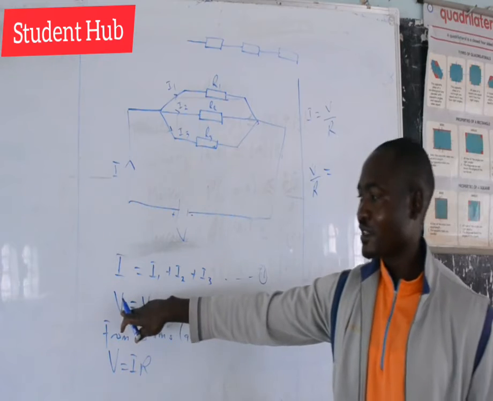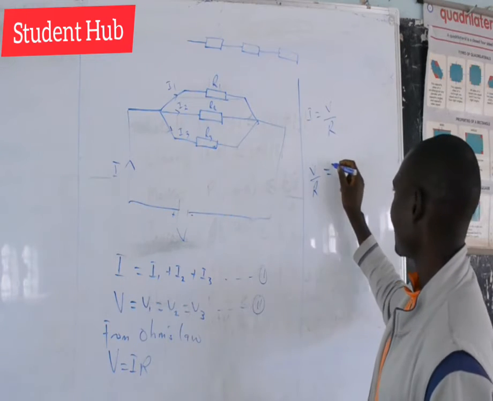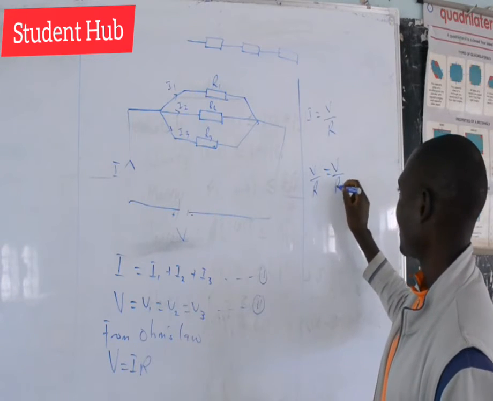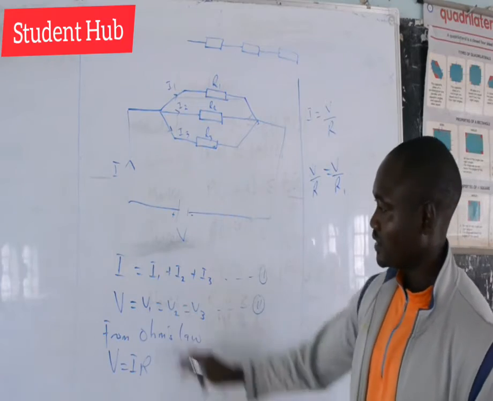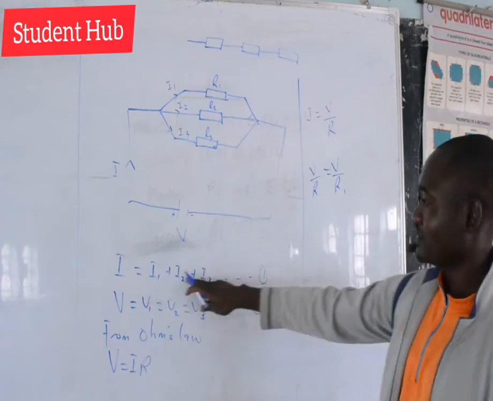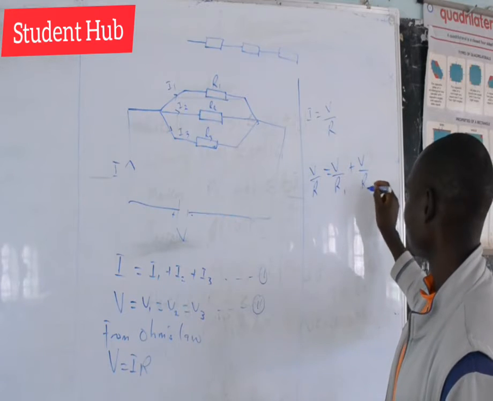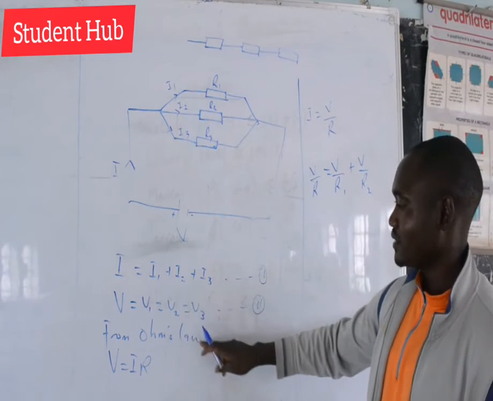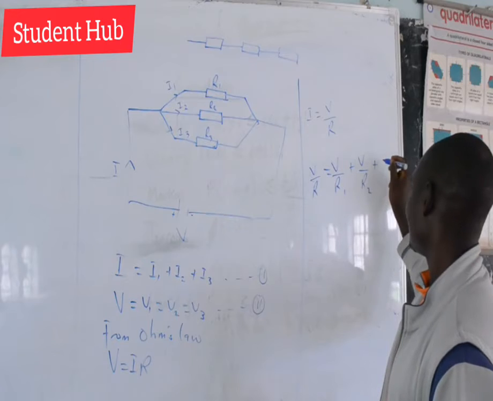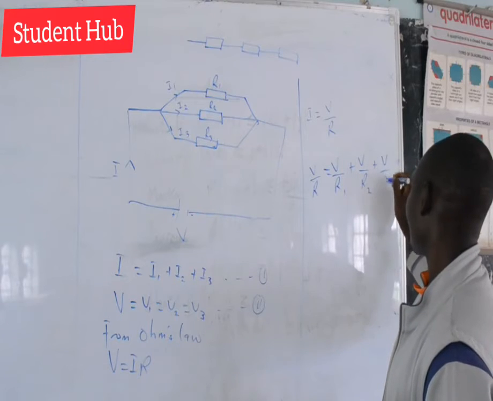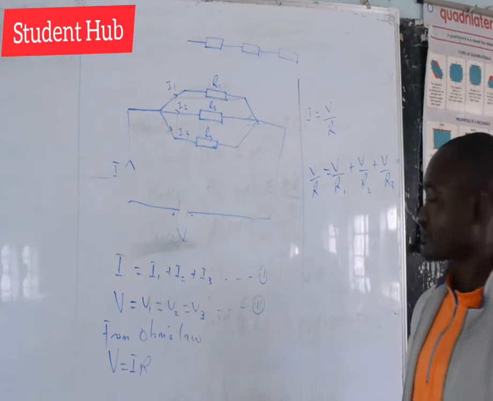So we take the first one, which is V over R1. Then the next one is I2, plus V over R2. Next one is I3, plus V over R3.